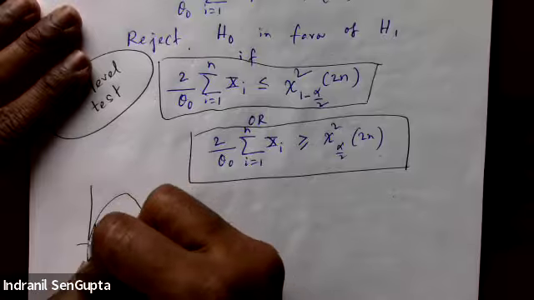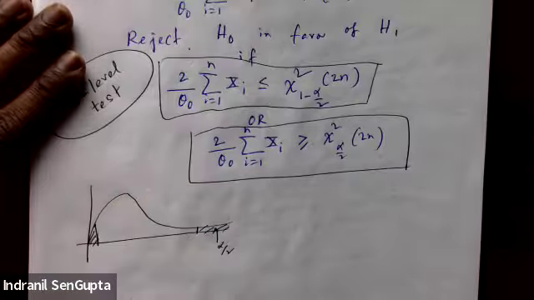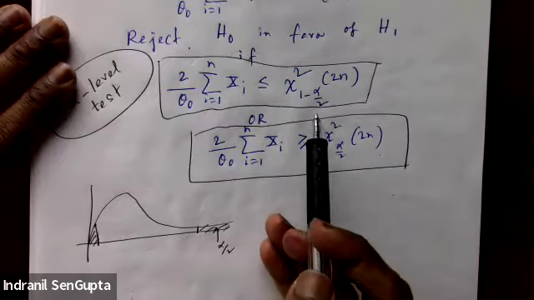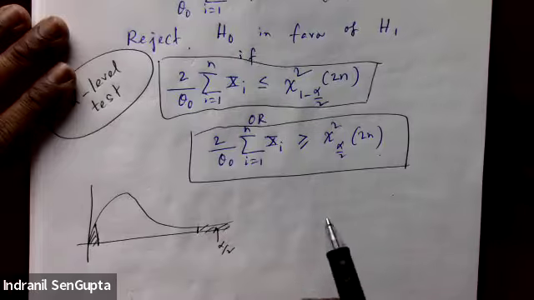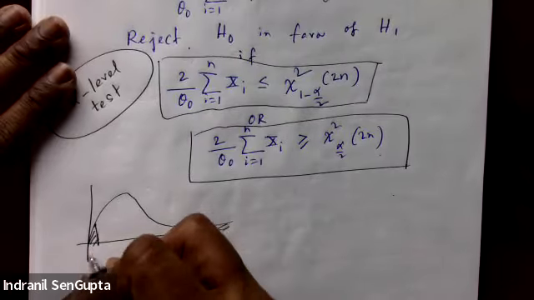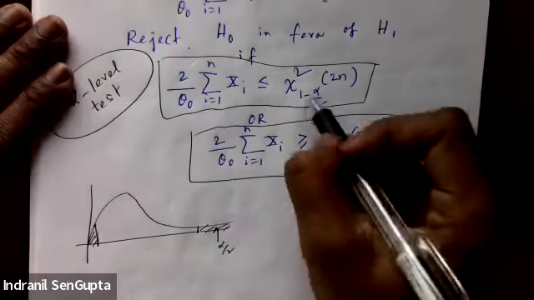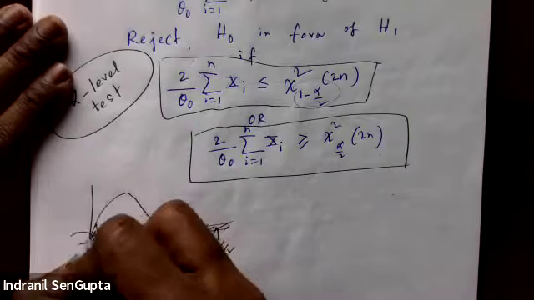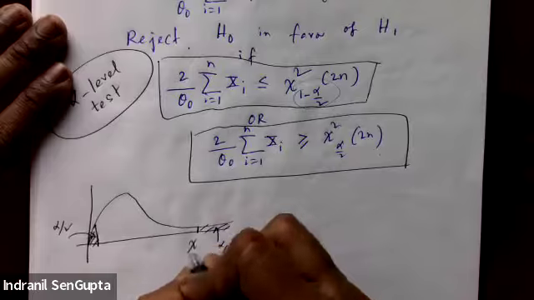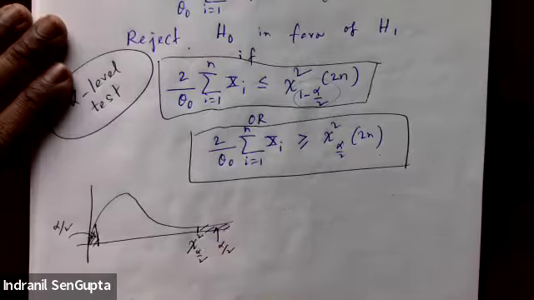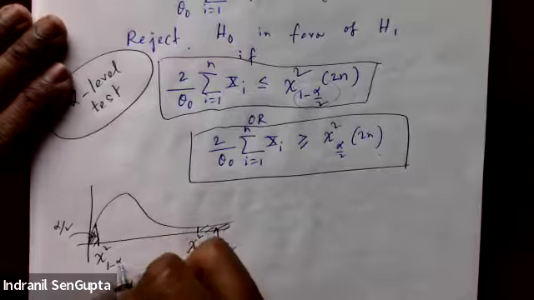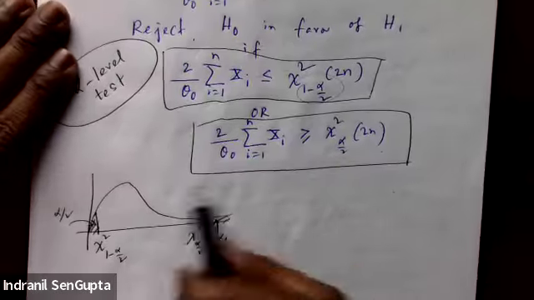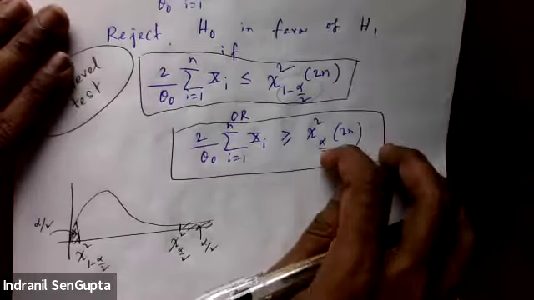So the chi-squared of 1 minus alpha over 2 would be somewhere right here. This is also alpha over 2, and we are talking about this one as chi-squared of alpha over 2, and this is chi-squared of 1 minus alpha over 2, because the region to the right of this one is 1 minus alpha over 2, right? So we're talking about the region to the right.